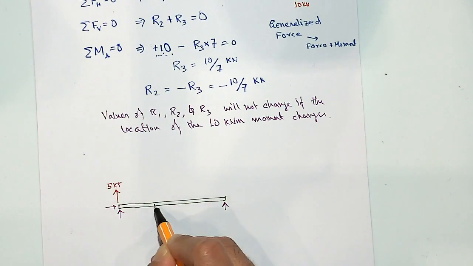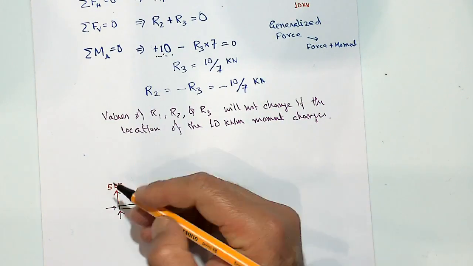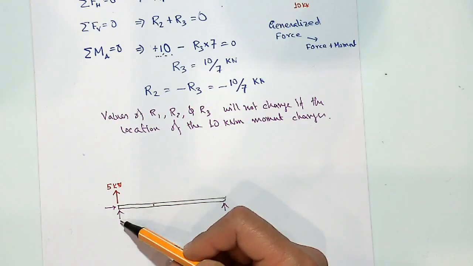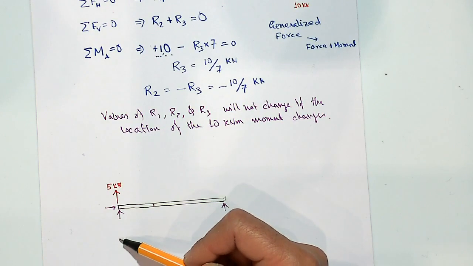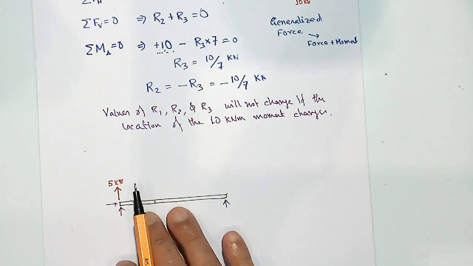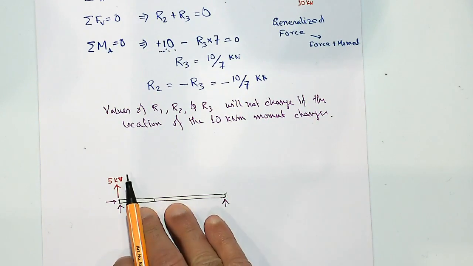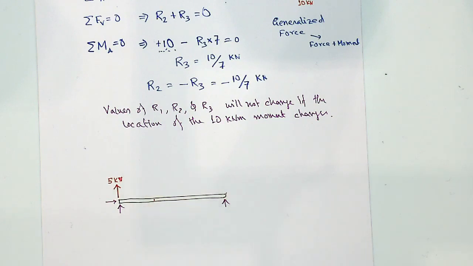That is giving me a moment about this point of 10 kilonewton meter. But this load will be going directly through to the ground, so it is not going to affect the beam at all. So you cannot take the effect of it directly.